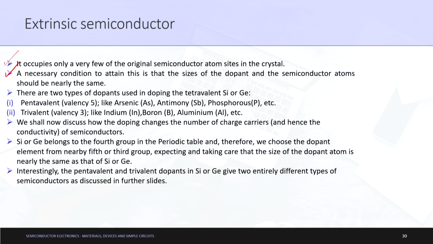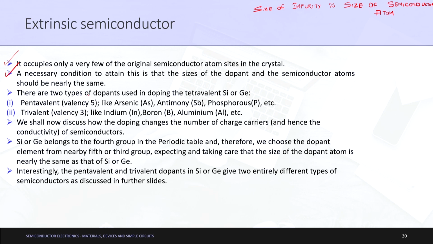For now, just understand this: the size of the impurity should be approximately equal to the size of the semiconductor atom.